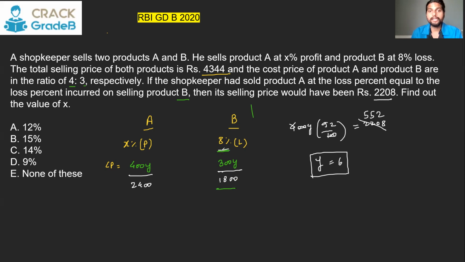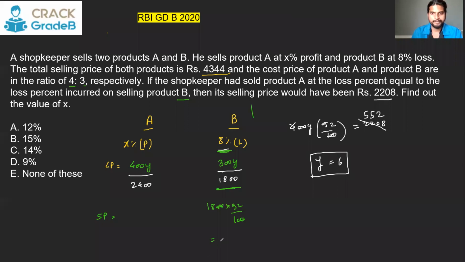Now it says this article is sold for 8% loss. That means it is sold for 92% of it. So 1800's 92% is the selling price. Now we are calculating the selling prices. It is going to be 18 into 92. That is 1656.